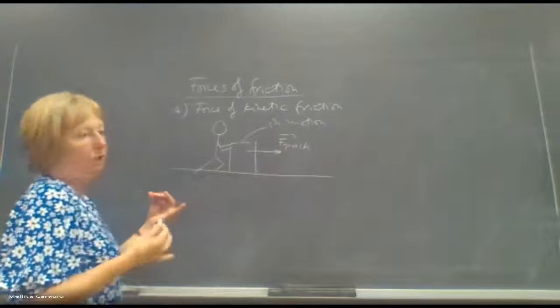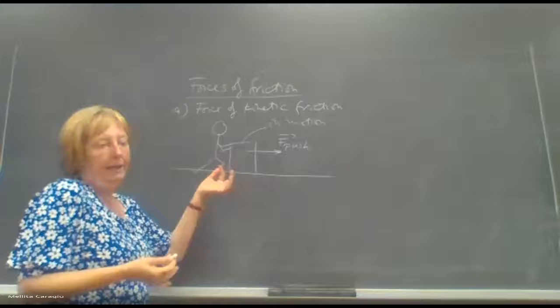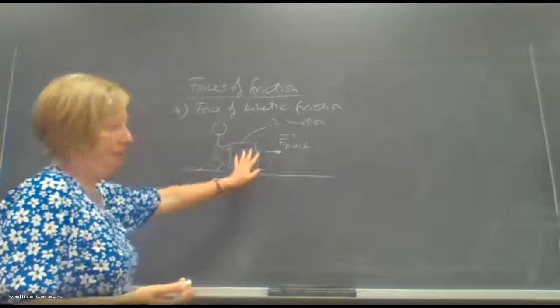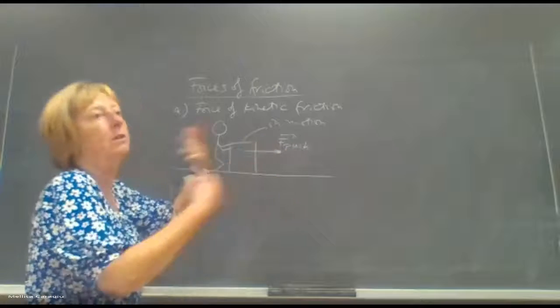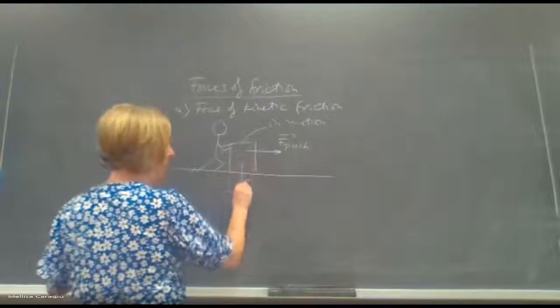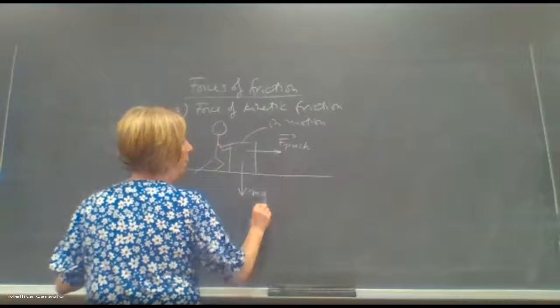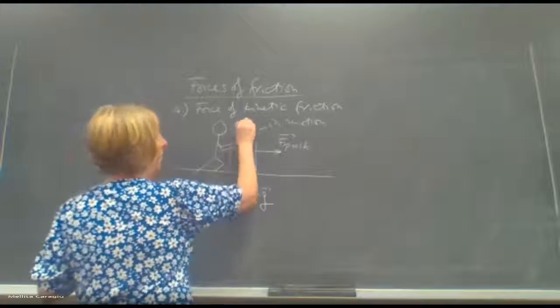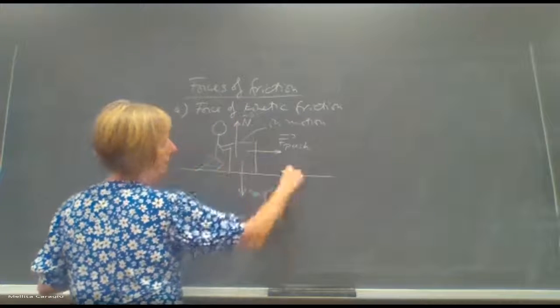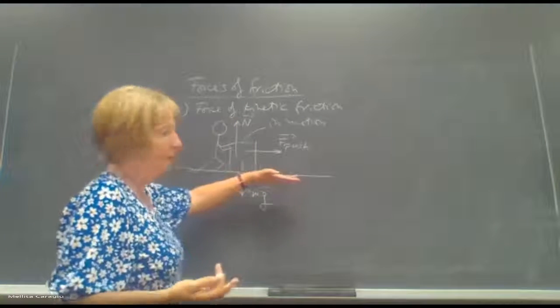And then the question is, let's put all the forces acting upon the crate. So first of all, it's the pushing force. Then it's the weight, mg, of course. There is the normal force, of course, because it is on a solid surface.